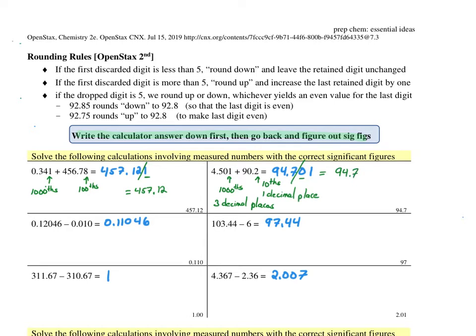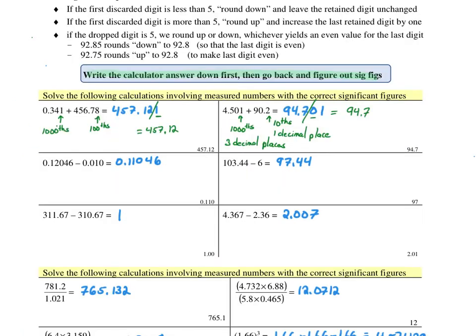Now the most common mistake in sig figs is forgetting whether you're doing multiplication and division or addition and subtraction. All of these initial problems are addition subtraction, so we focus on decimal places. In this next problem, we go all the way out to 5 decimal places.